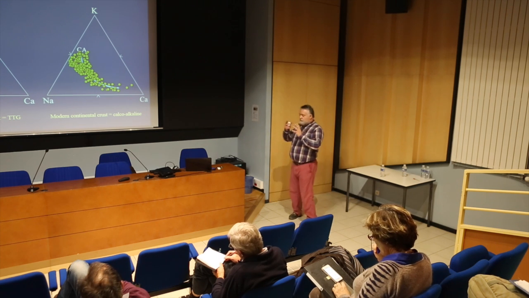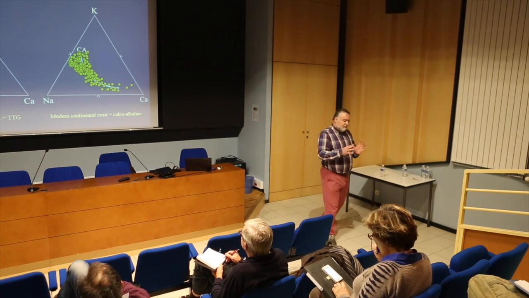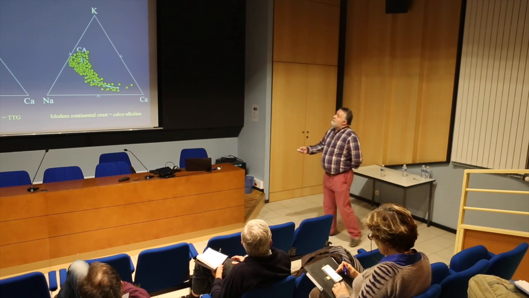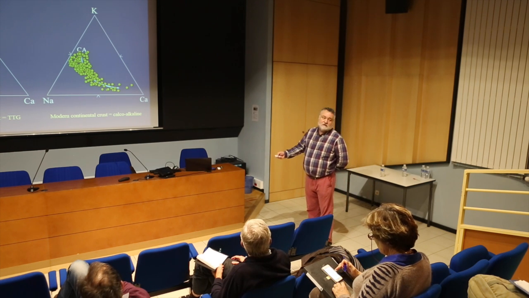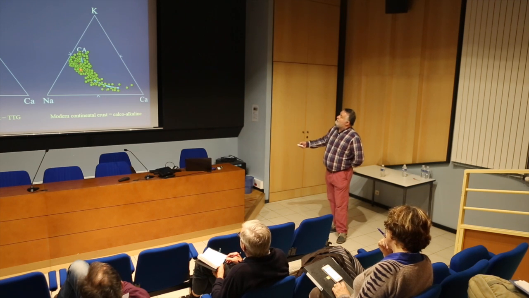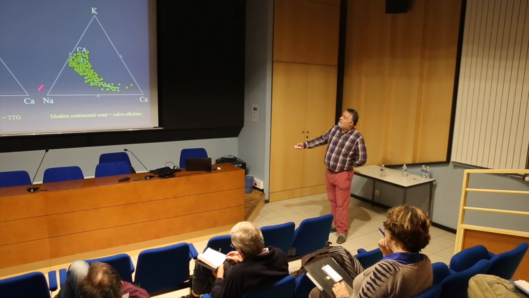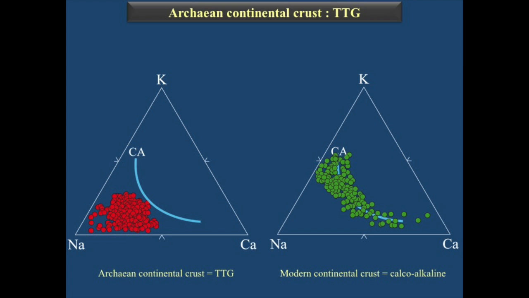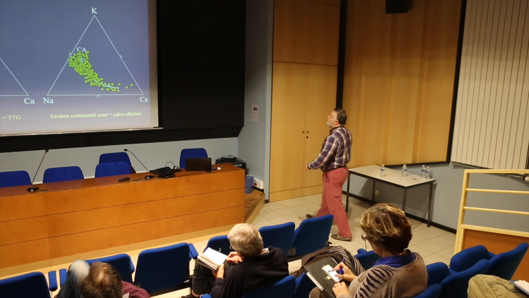If you want to remember something simple, we can say that the Archaean crust is mainly sodic, while the modern crust evolves toward potassium and nothing near sodium. So this is one of the main differences: sodium rich for the Archaean crust and potassium rich for the modern crust.